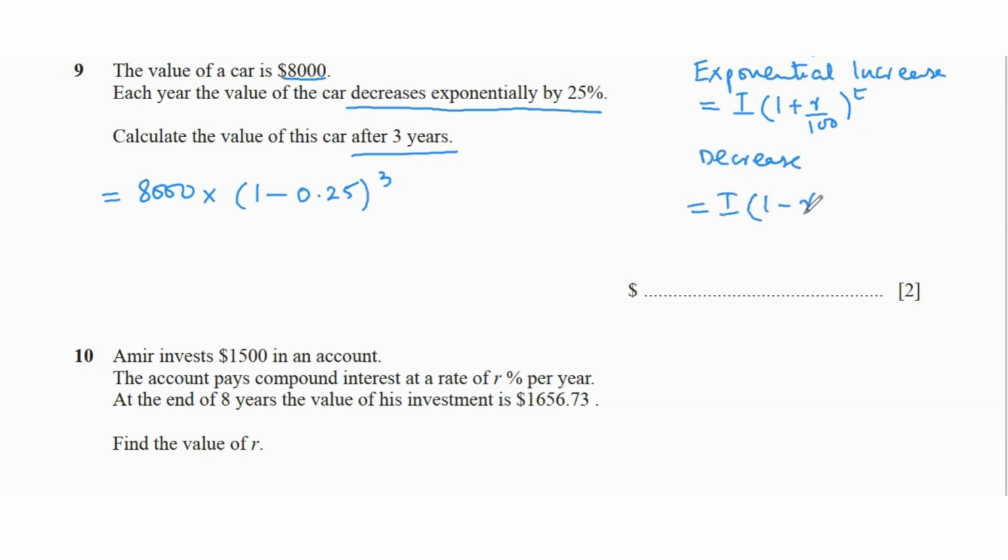So 1 minus r over 100, whole power t. Here t is your time, r is your rate, and I is your initial value. In our case, since it's an exponential decrease, it's 1 minus 0.25. And that's basically 8,000 times 0.75 to the power of 3. So that should equal $3,375.